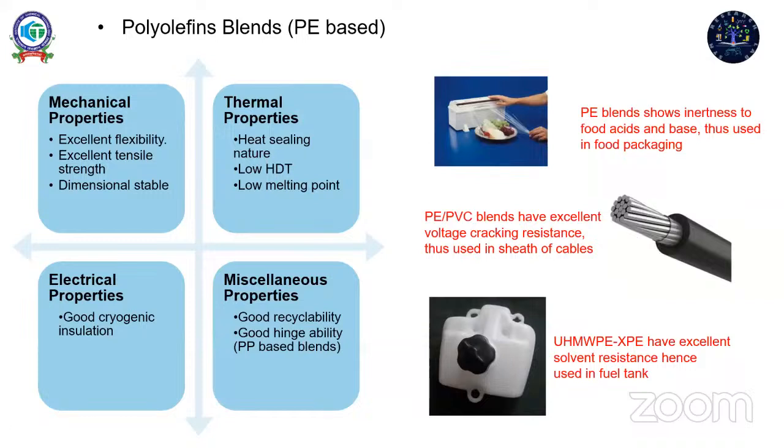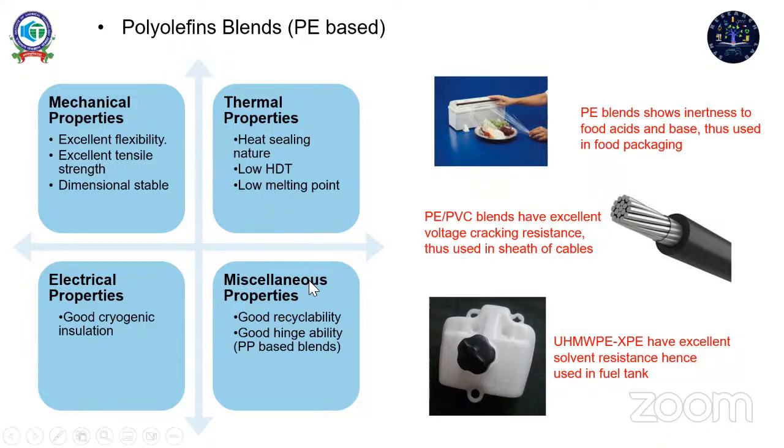So talking about polyolefin blends. Polyolefin blends means I'm talking about polyethylene based blends. Polyethylene based blends have good flexibility, good tensile strength, and dimensional stability. They also have good heat sealing nature with a lower melting point.